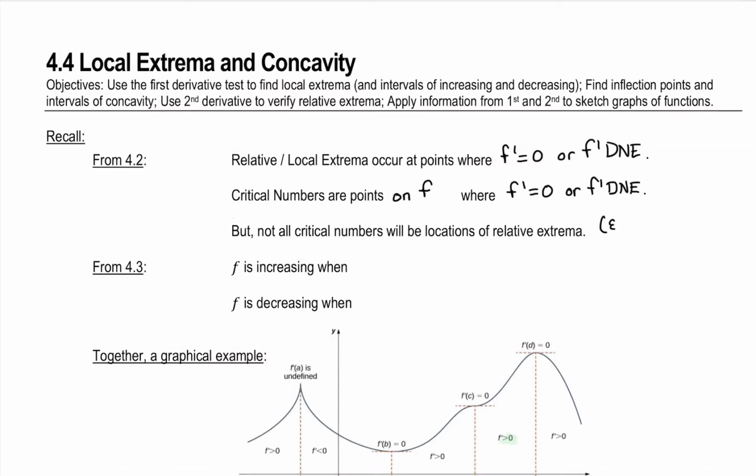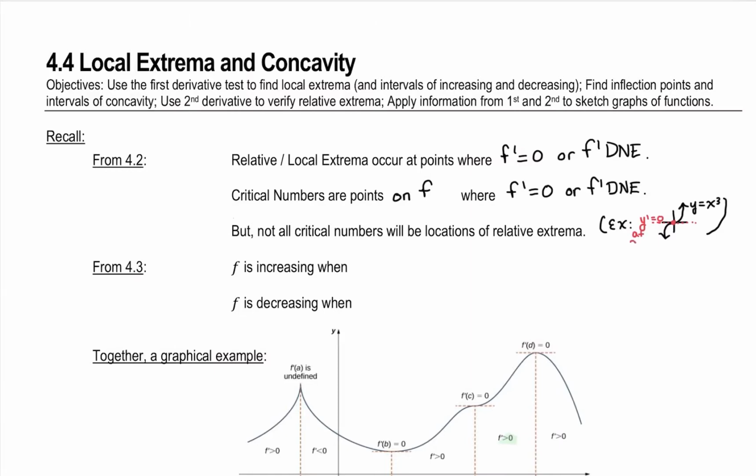So remember the example that we looked at with the y equals x cubed graph. If you're looking at the function y equals x cubed, we have a horizontal tangent line at x equals 0. So we have a critical point at x equals 0, a location where the derivative y prime is equal to 0.